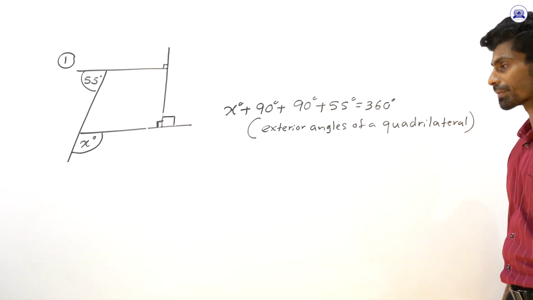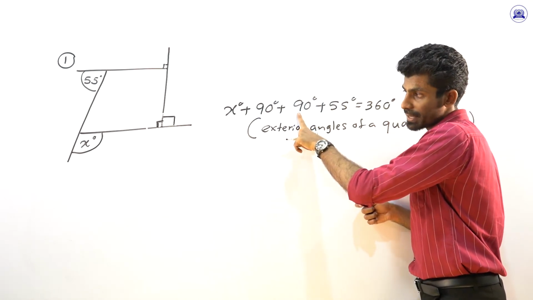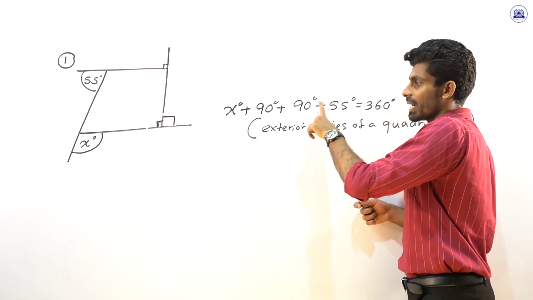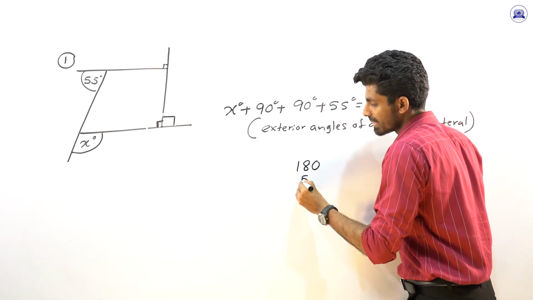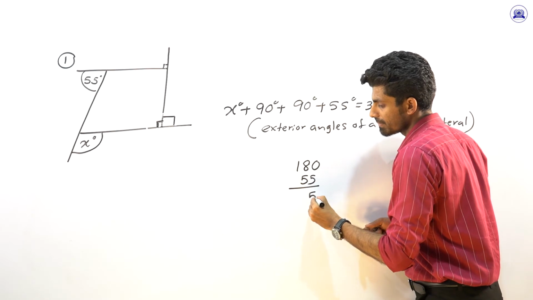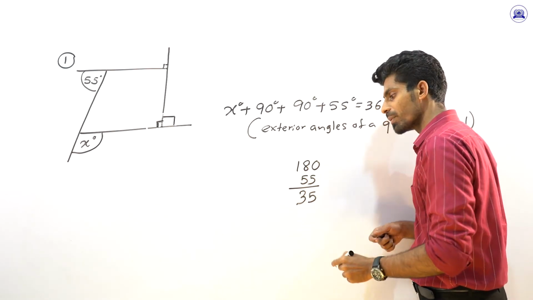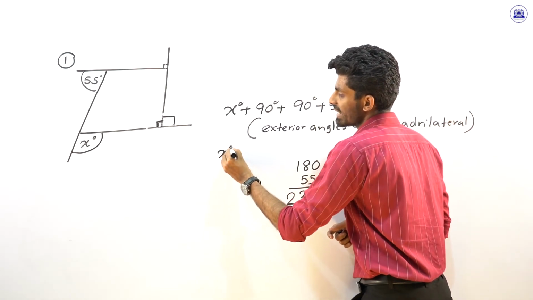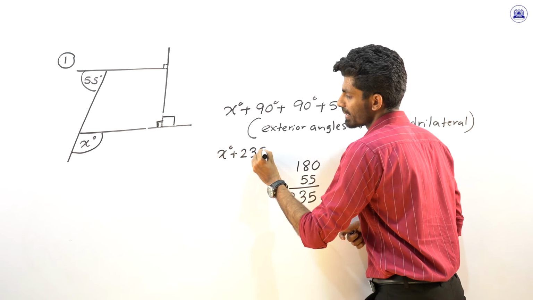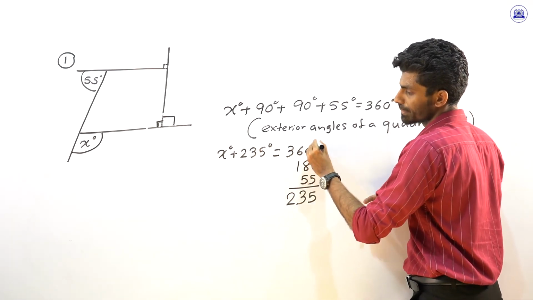Exterior angles of a quadrilateral. 90 plus 90 is 180, 180 plus 55 is 235. So X plus 235 equals 360 degrees.